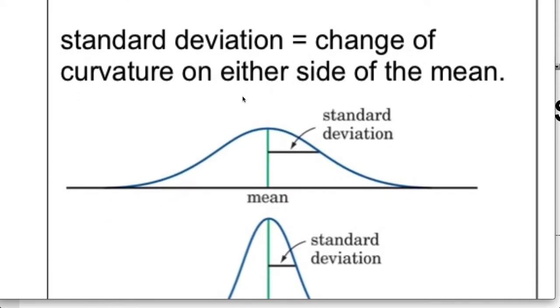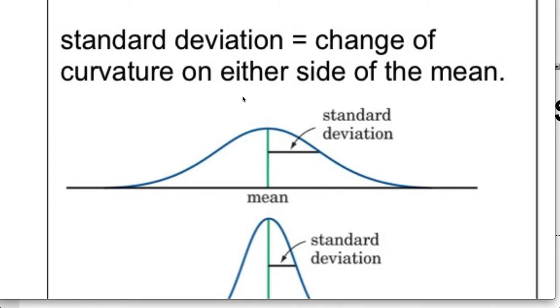The point of a normal curve is to visualize standard deviation. In one of our last videos in chapter 3, I think it was the last video, we talked about standard deviation and what that meant. The normal curve visualizes standard deviation.